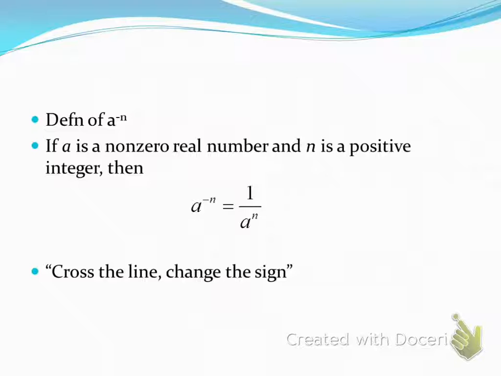So the little slogan goes, cross the line, change the sign. The line, meaning if we were to turn a to the negative n into a fraction, anything we turn into a fraction, we put it over 1. So when a to the negative n crossed that fraction line, the sign on the exponent got changed.